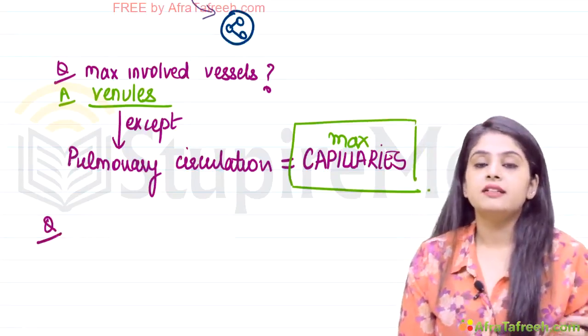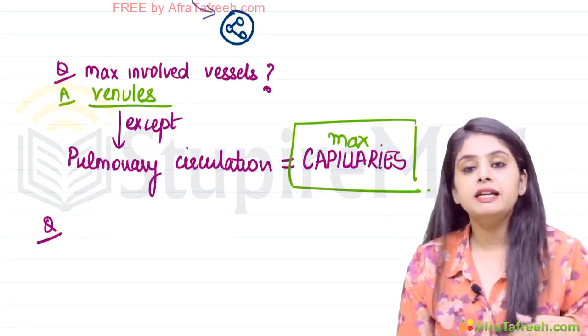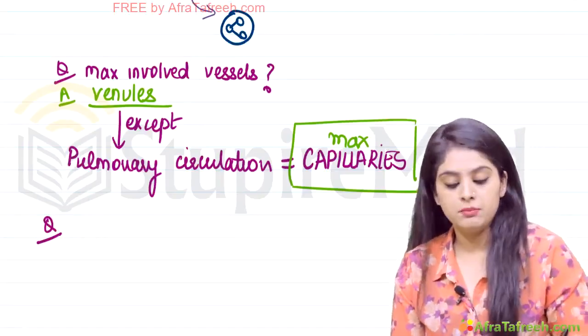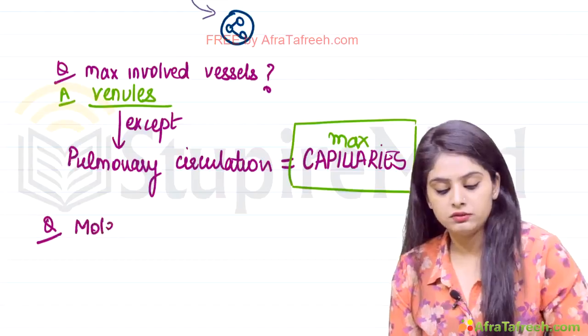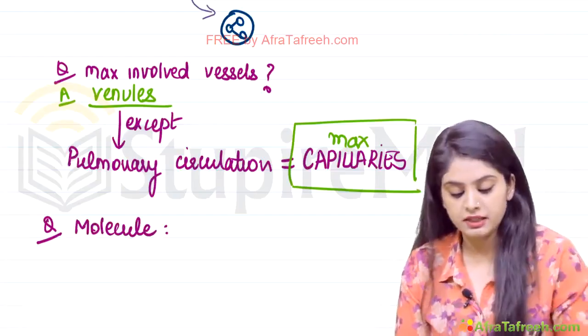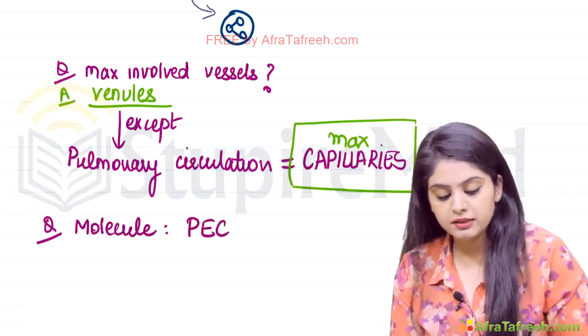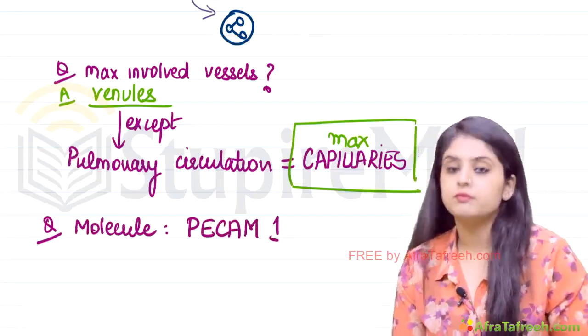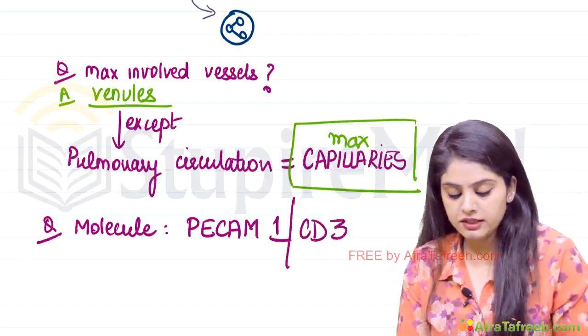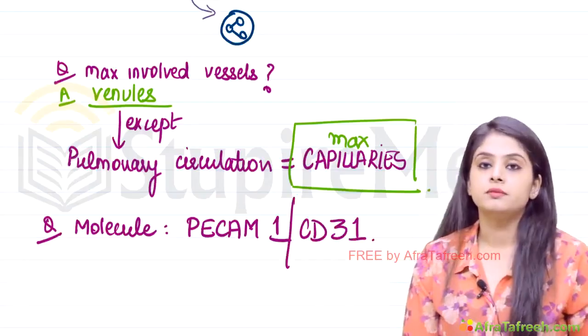Like we had selectins and integrins, what is mediating this entire process? Remember, the most important molecule that we have for transmigration is known as PECAM1, also known as CD31.